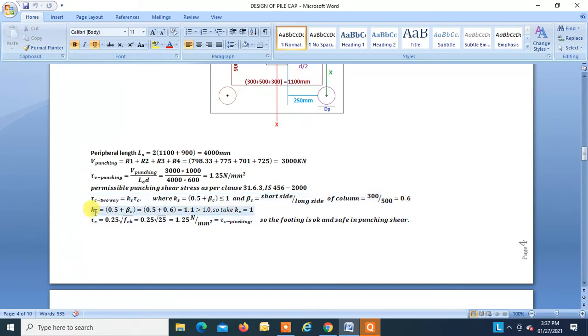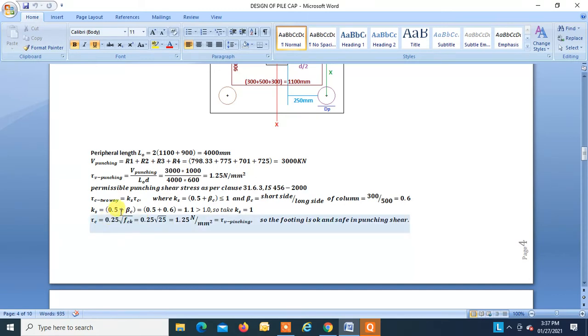So Ks is equal to 0.5 plus 0.6, that is 1.1, which is greater than 1. So we will have to take Ks as 1. Now tau c is equal to 0.25 under root fck. Our fck is 25, so this is 1.25. Now as tau v is not greater than tau c, our section is safe in punching shear stress.